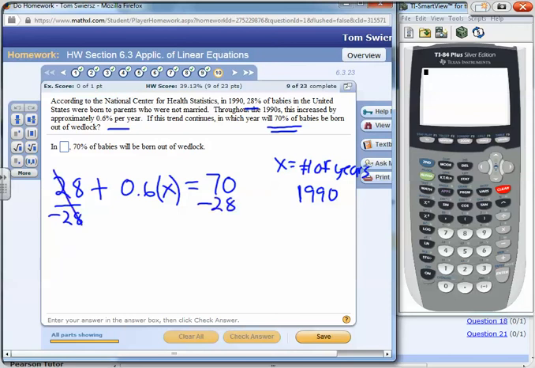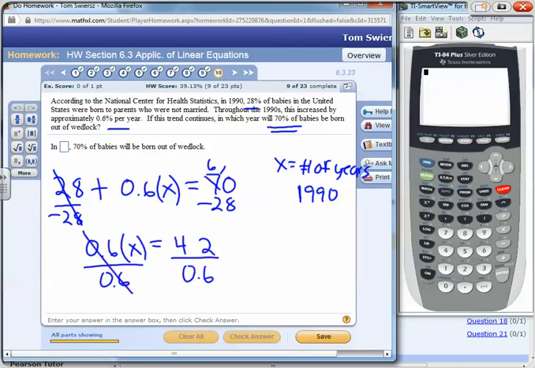So these cancel, and I'm left with 0.6 times x on the left side. 70 minus 28, of course, is 42.